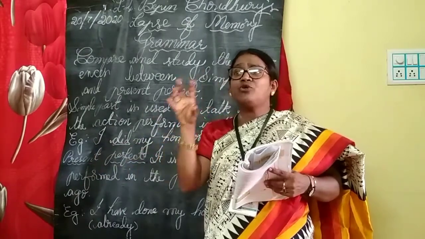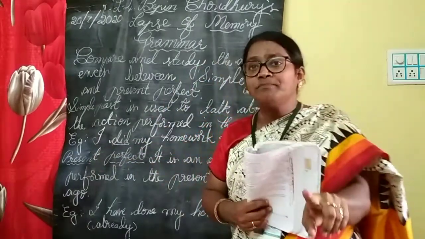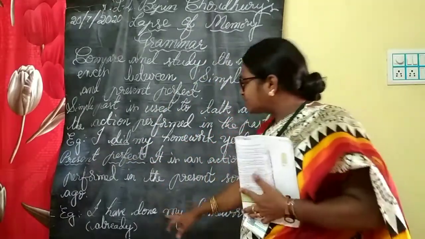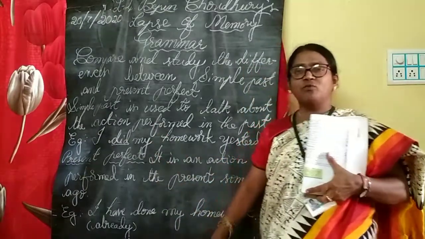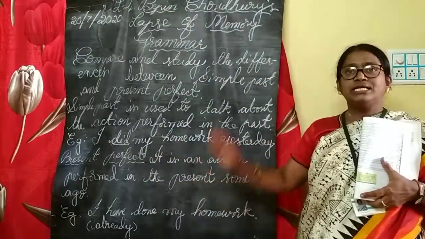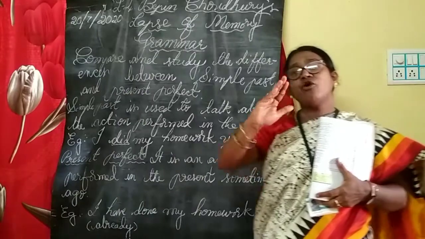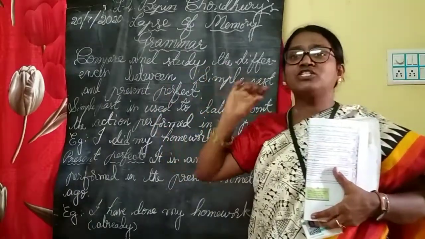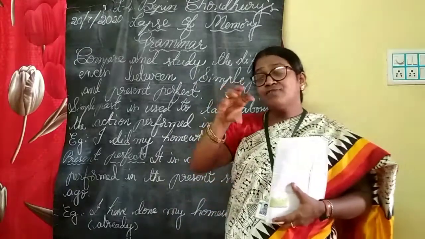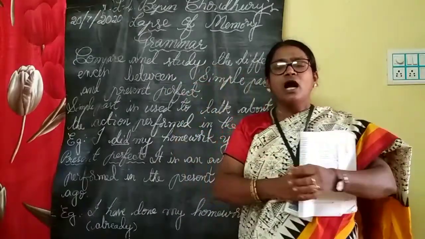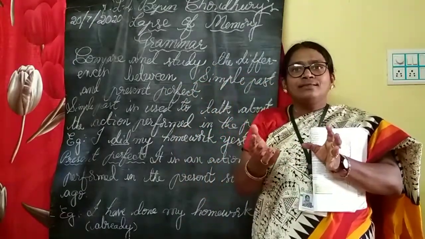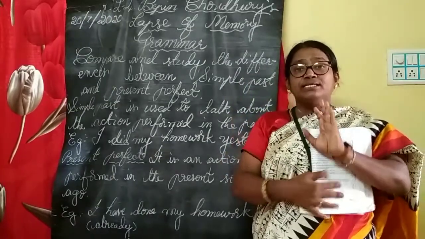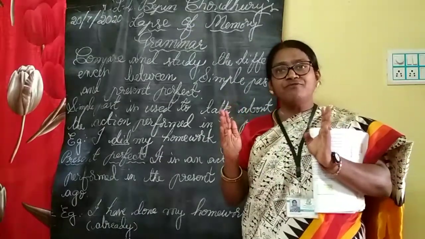Suppose something that you have done but you have not mentioned the time can be expressed in present perfect. What is present perfect actually? Subject plus have or has plus V3 plus object. That is the structure of present perfect. How can you understand the difference between simple past and the present perfect?